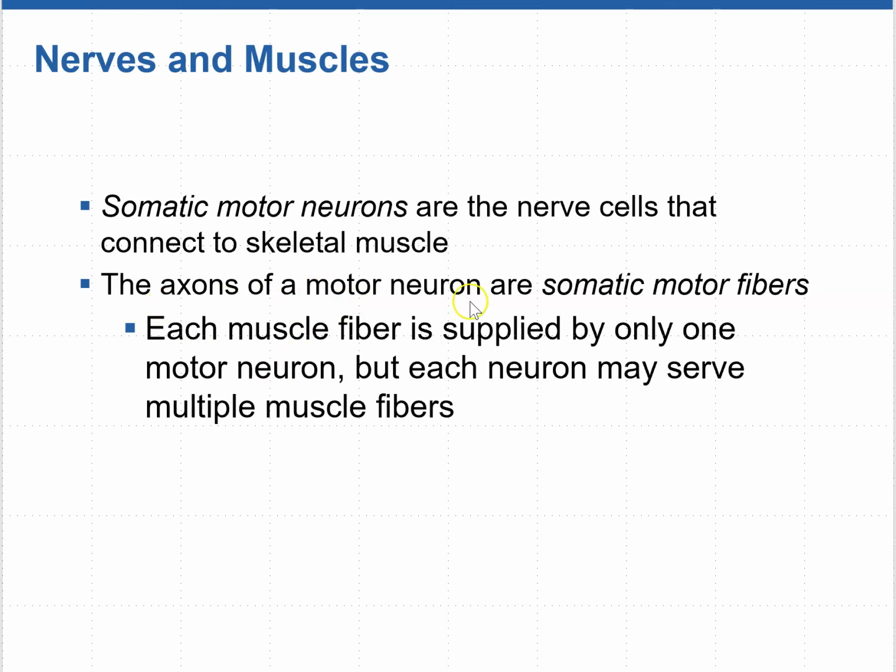Now, the axons of a motor neuron are called somatic motor fibers. Each muscle fiber is supplied only by a single motor neuron, but each neuron may branch out and serve multiple muscle fibers.